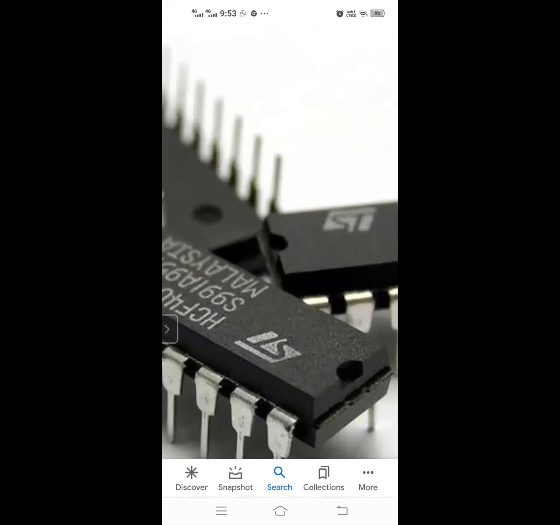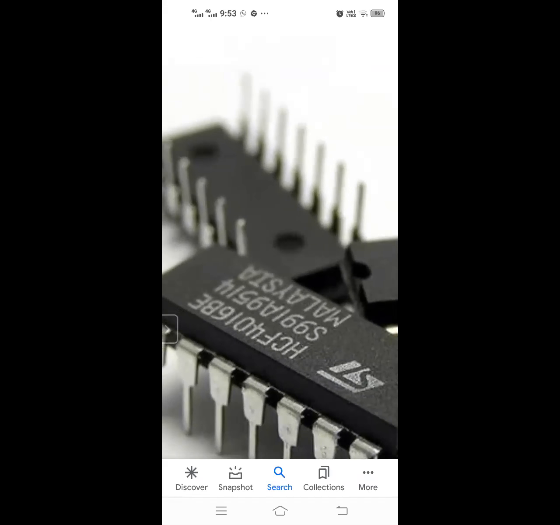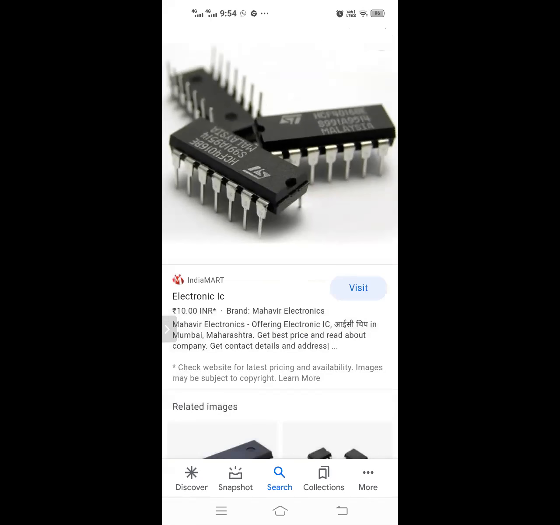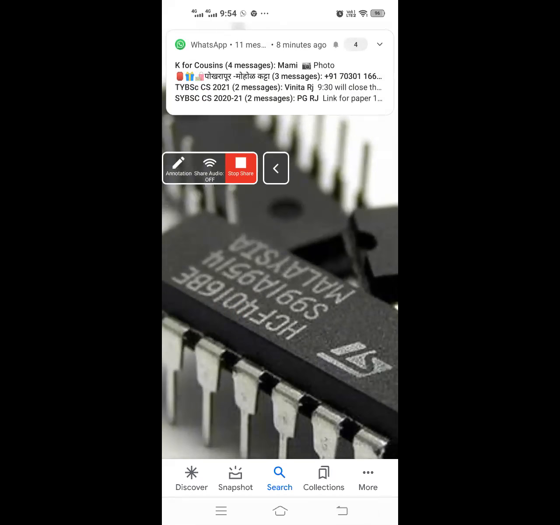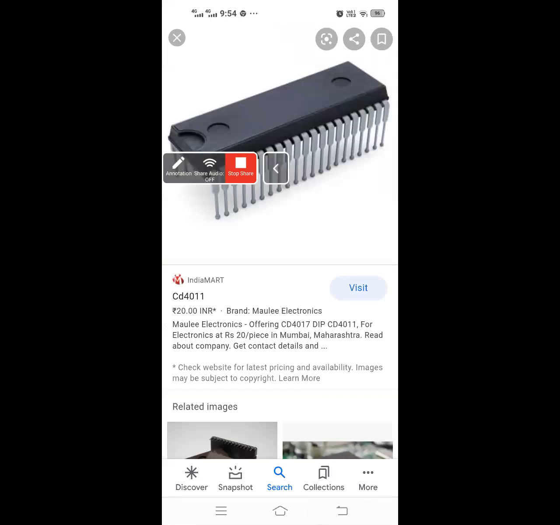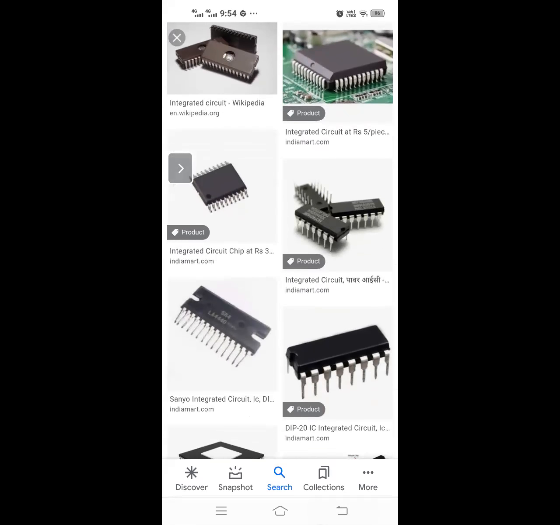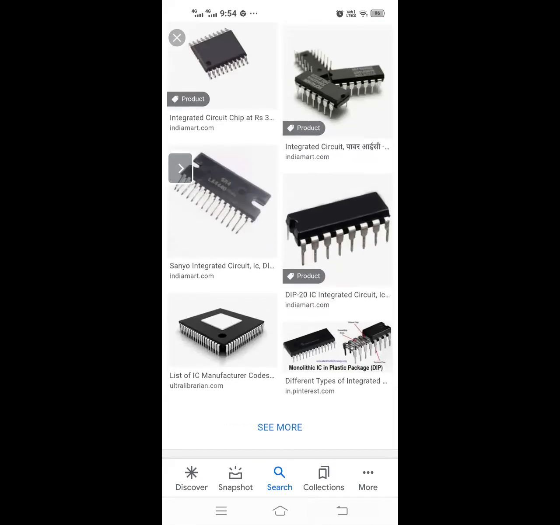And can you see the numbers written over there, like HCF4016BE? So what is that? That is the IC number. So when you take an MSP430, you will find that MSP430 is written on top. Is that clear to you? Yes, ma'am.